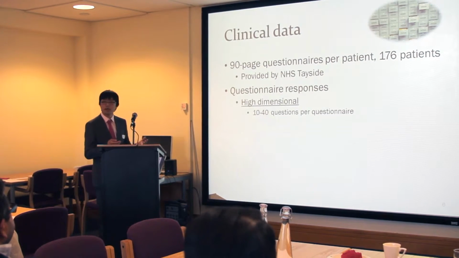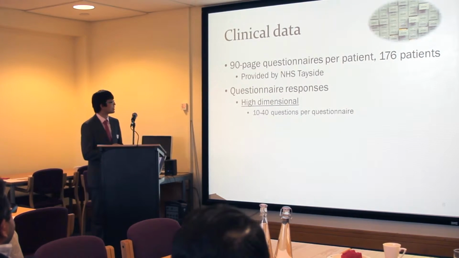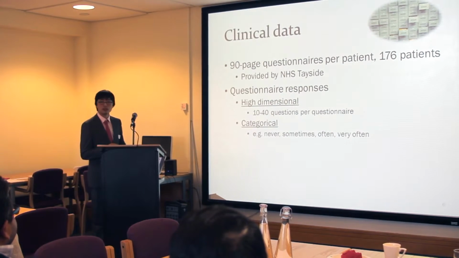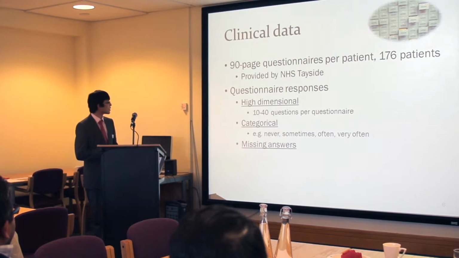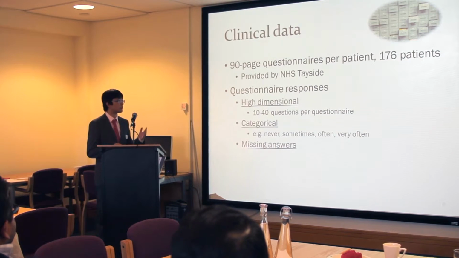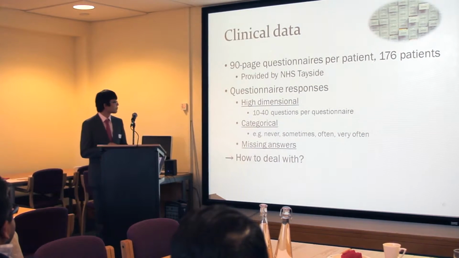So they are quite high dimensional, so a lot of answers. And the nature is categorical, so it's not a continuous scale. For example, the answer to a question may be never, sometimes, often, very often, so it's categories. And sometimes the answers are missing, so we have to deal with these problems.